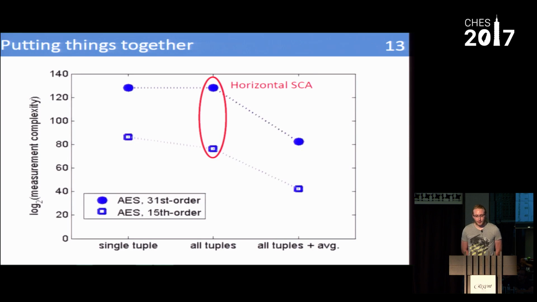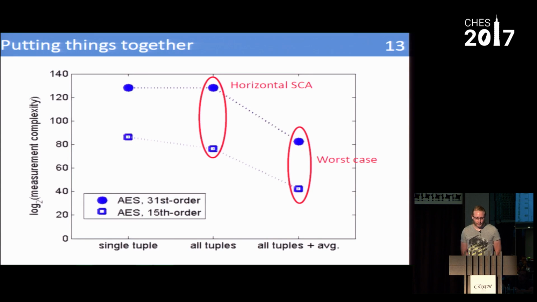But we have also taken into account an adversary which is able to exploit all the information in all tuples of the computation, essentially what horizontal side-channel attacks do. And also, we have taken what we call the worst-case security, which is an adversary able to exploit all tuples, plus the possibility that these tuples are repeated a certain number of times, so you can average them and reduce the noise.